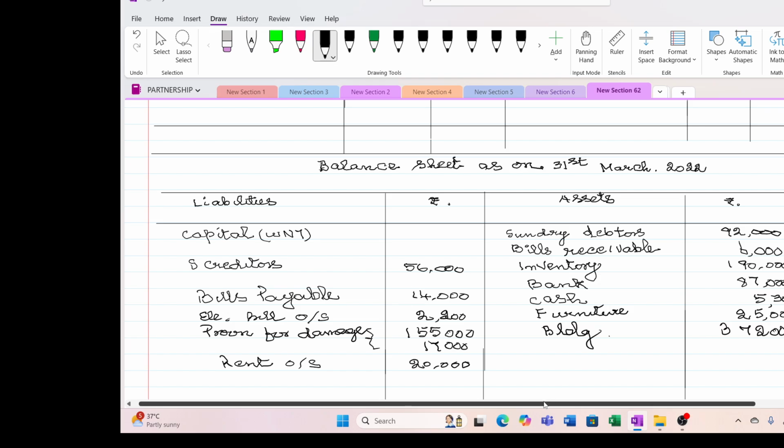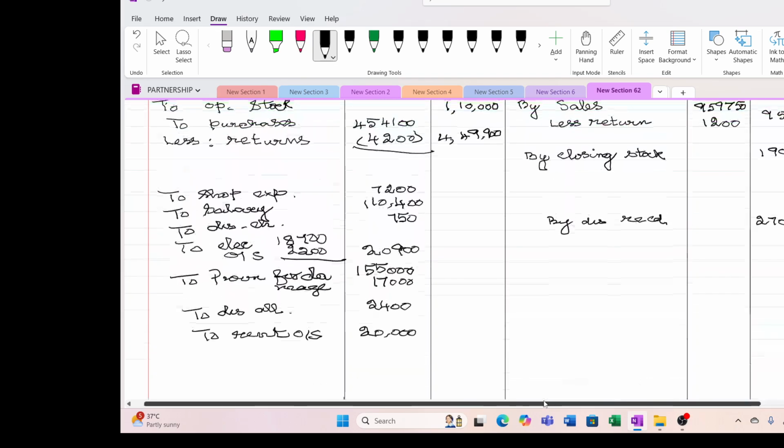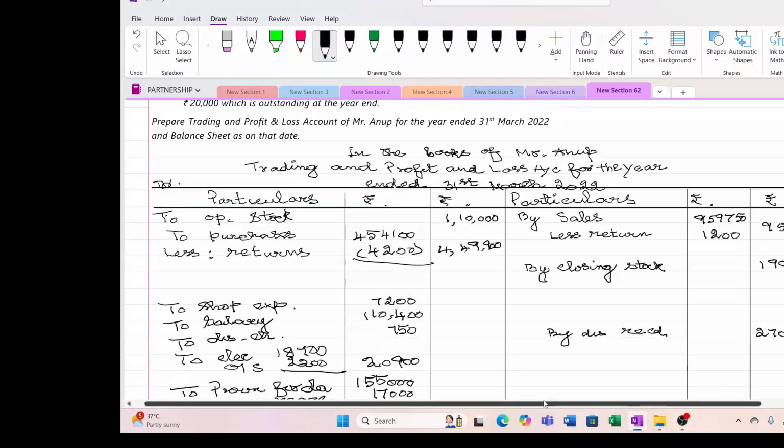Now I'm going to close the trading account. Trading account is 9,58,550 plus 1,90,000.